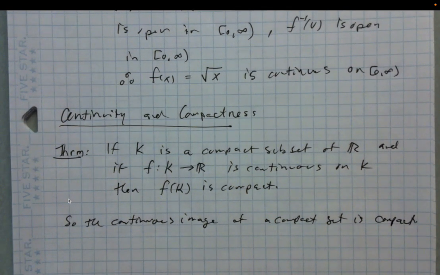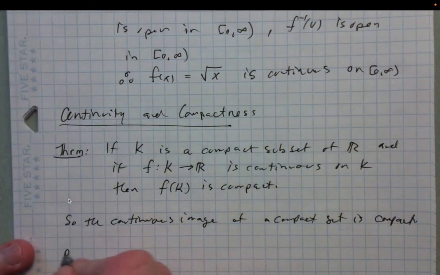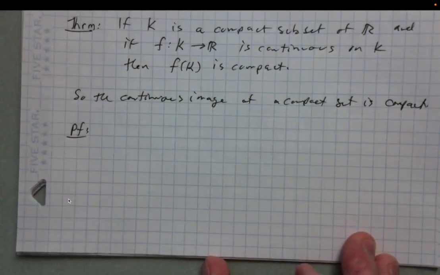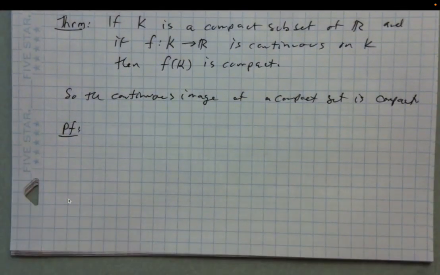All right, so something about continuity takes a compact subset and maps it into another compact subset. So continuity is important for that. So let's prove this one. This is a little bit of a longer proof, but I think it's instructive and gives you some good ideas about how some of these things are related. Okay. And so because we're talking about compactness, we'll have to bring back the idea of open covers.